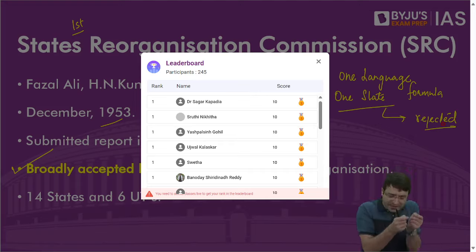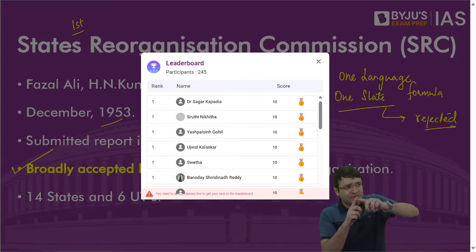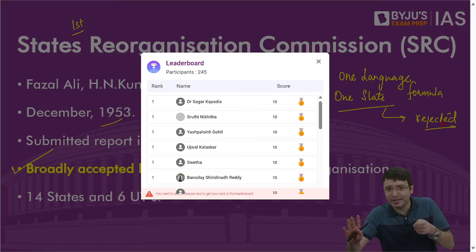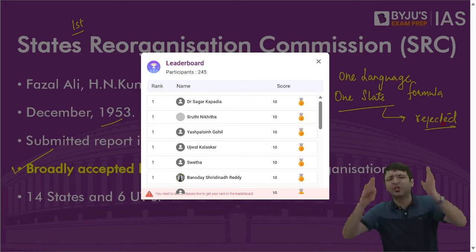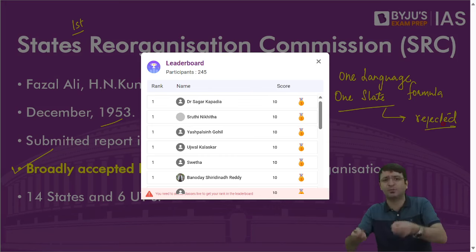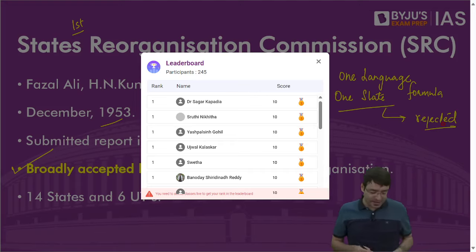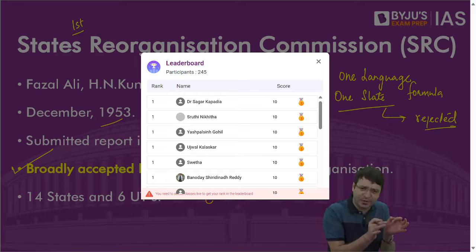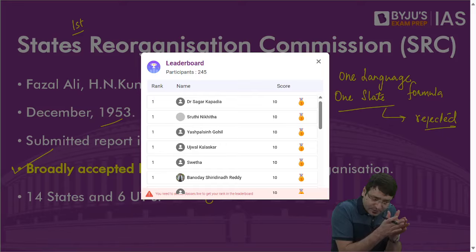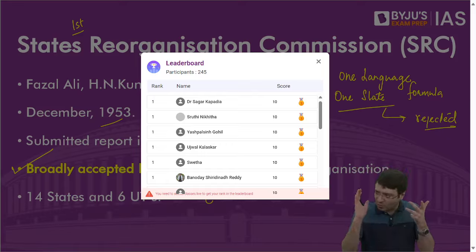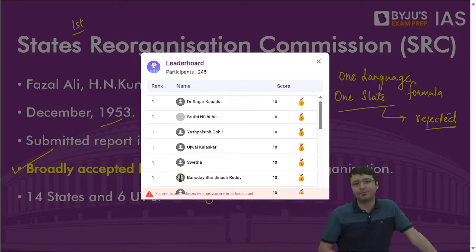That would make this state so big that it becomes impossible to govern and administer. So we should be creating states on the basis of administrative convenience. Yes, create states in the name of language, but we can have 3 states speaking the same language, or 5 states speaking the same language. One language, one state, this formula is rejected, but yes, language can be the basis of reorganization.